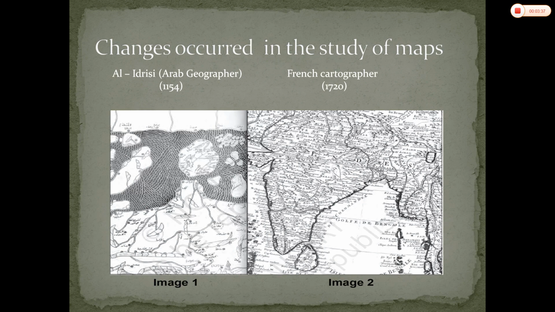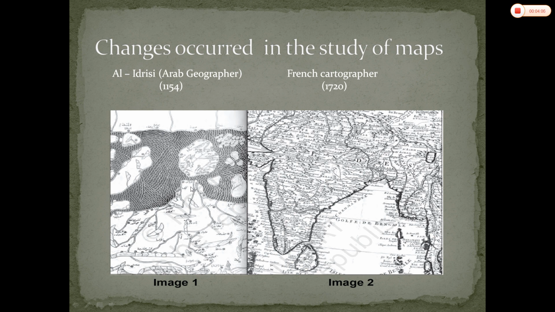Al-Idrisi has made India upside down. If you look at this map, the black shadow here is the Indian Ocean. This is Sri Lanka, and this is the southern tip of India, which we can see here in the north.